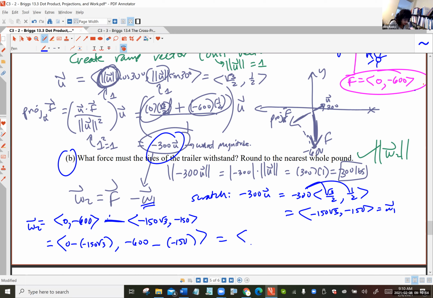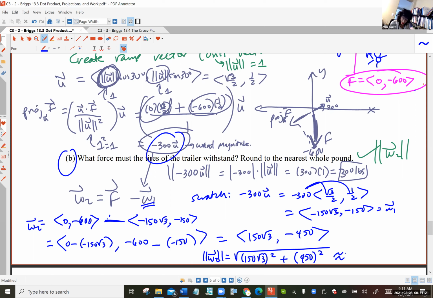And then doing the arithmetic here, I'm going to get 150 square root of 3. And I think the y component is negative 450. Fine. Am I done? No, because they actually want the magnitude. So you're going to now whip out the calculator and take this yucky looking square root of the sum of the squares of the components. I'm going to take positive 450 squared because that obviously gives me the same as negative.